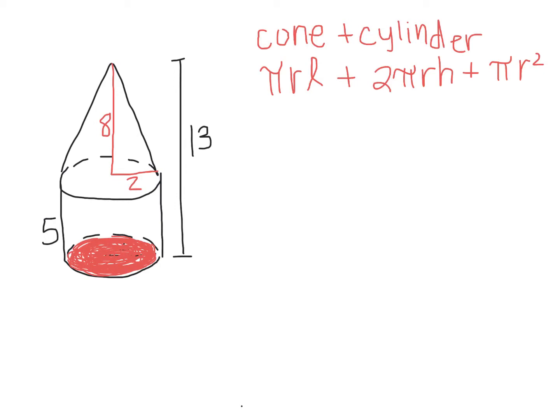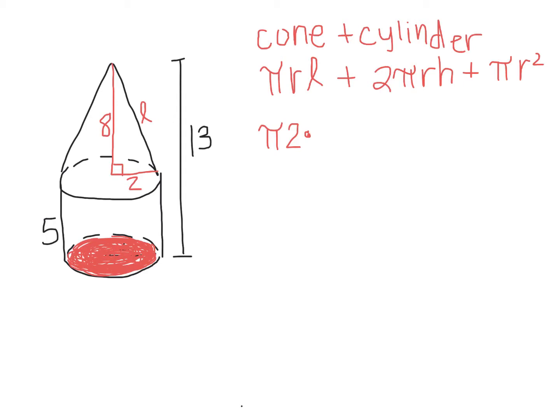So let's start plugging in some of the numbers that we have. For our cone, my radius is 2, so I'm going to multiply 2 pi, and here we need to calculate the slant height. What are some things we can be thinking of? I notice here that I have a right triangle, and I'm solving for the hypotenuse. This is my slant height, which represents the hypotenuse of my triangle.